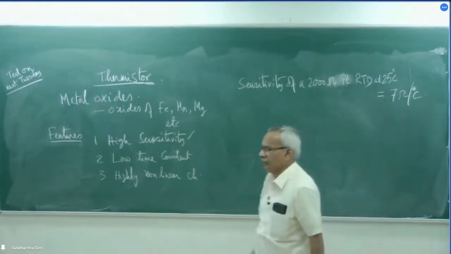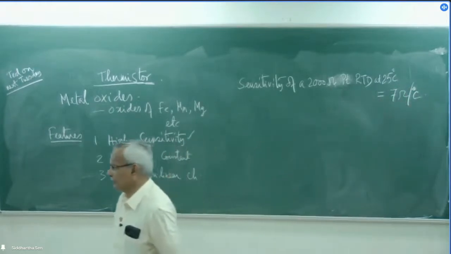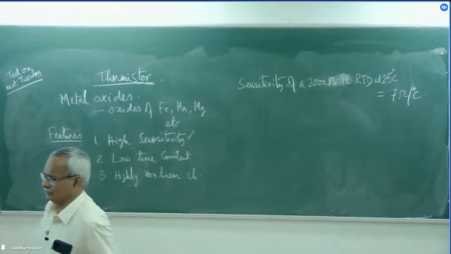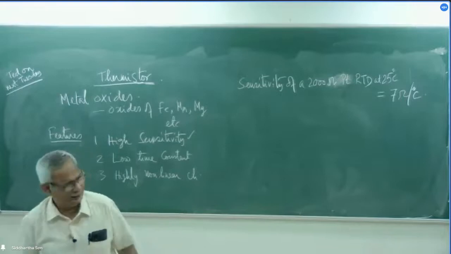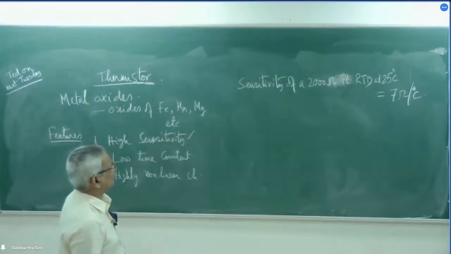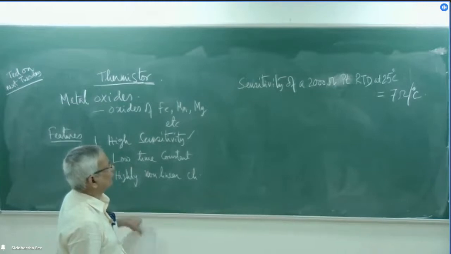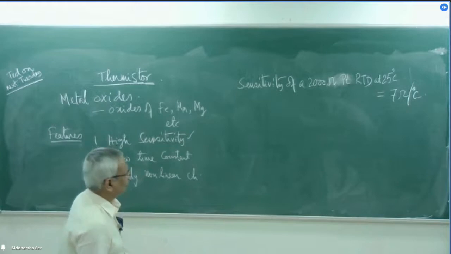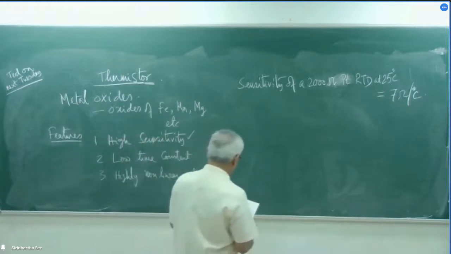That means a platinum RTD whose resistance is 2000 ohm, rather at 25 degrees Celsius. Around that point, it changes by 7 ohm per degree centigrade.